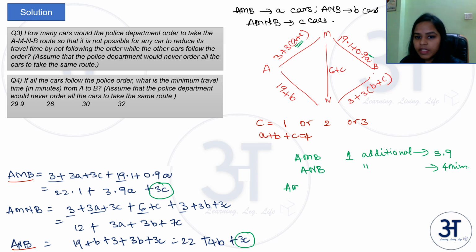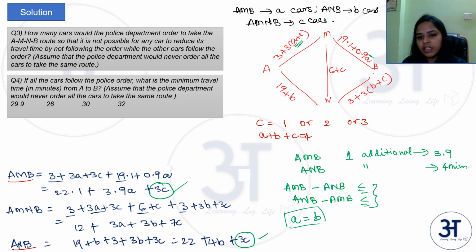So whether you do A and B minus A and B, or A and B minus A and B, it is less than or equal to the same case we have done in case 1. This 3C and this 3C will get cancelled. So this will result in A equal to B, right?